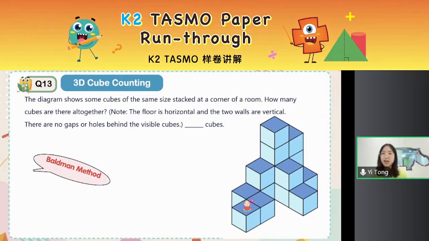So you see, when we count for the bald man method, we start from the lowest all the way to highest. So lowest one, let's see, only 1 cube. So let's label it together. Okay, so 1, 1, 1, 1. Don't forget this one in the back as well. 5 in total.